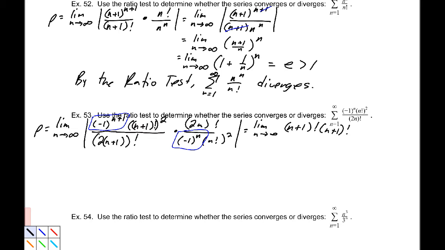Okay, we've got in the denominator an n factorial, n factorial. And as far as the two n's, we've got 2n factorial, so that's all of our even numbers. Factorial down, multiply down to 1. And then we have the 2n plus 2 factorial. So that's one more even number.